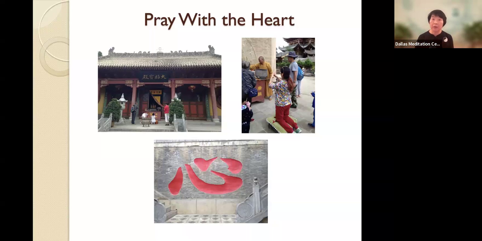I probably wouldn't say worship, and it's a character for people to be pious, to use your heart to make wishes. So it's a very nice word.